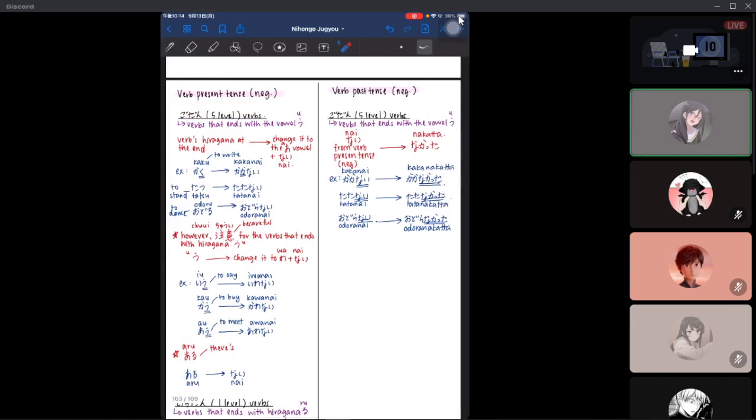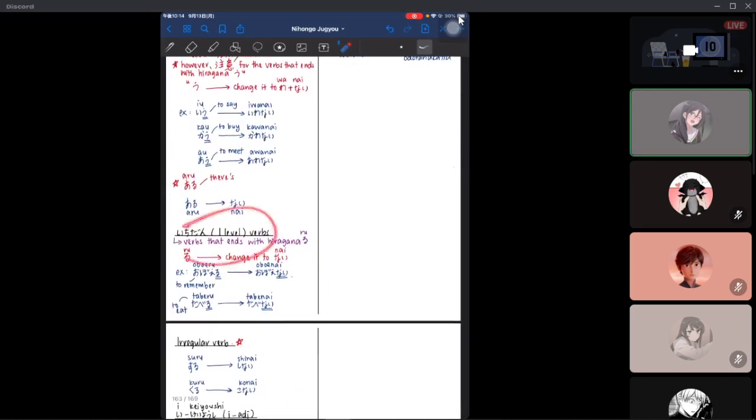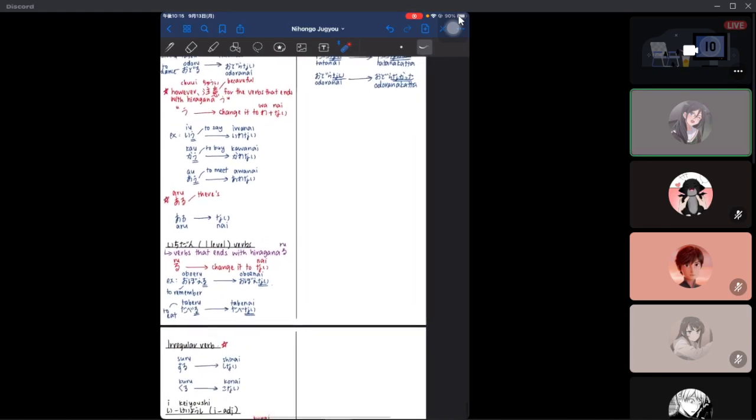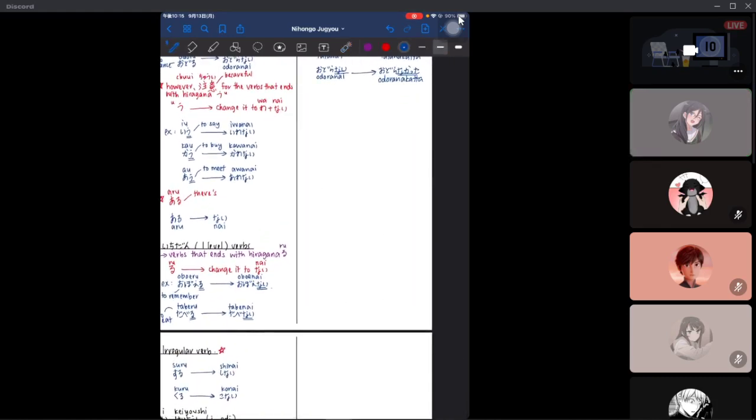But for the verb past tense, it's just changing the nai to nakatta. And this applies to all of the verbs, including irregular verbs.